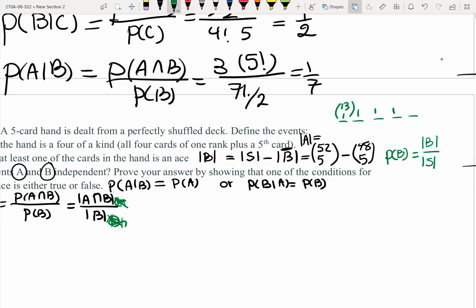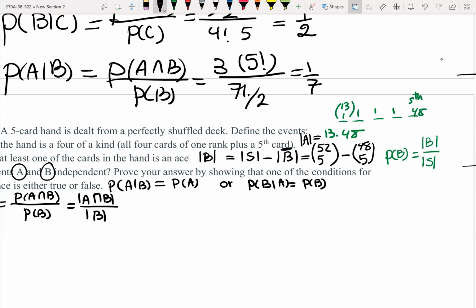So it's 1, 1, 1, which means you have a 13. And then for the fifth one, how many chances do you have? Because you already chose 4 of them. You still have 48 cards, whichever it is, for your fifth card, okay?